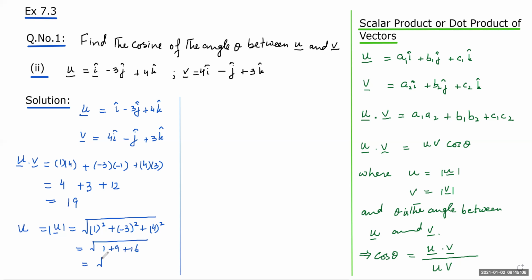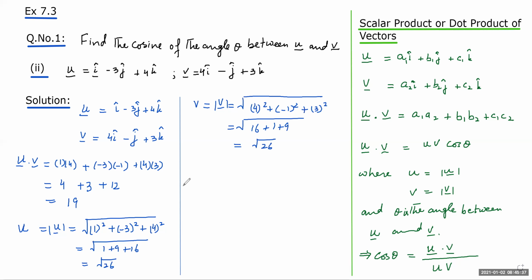Hence, I get square root of 26. Now, let's find the magnitude of vector v, which is the square root of 4 squared plus minus 1 squared plus 3 squared, and I get 16 plus 1 plus 9. The result is square root of 26.